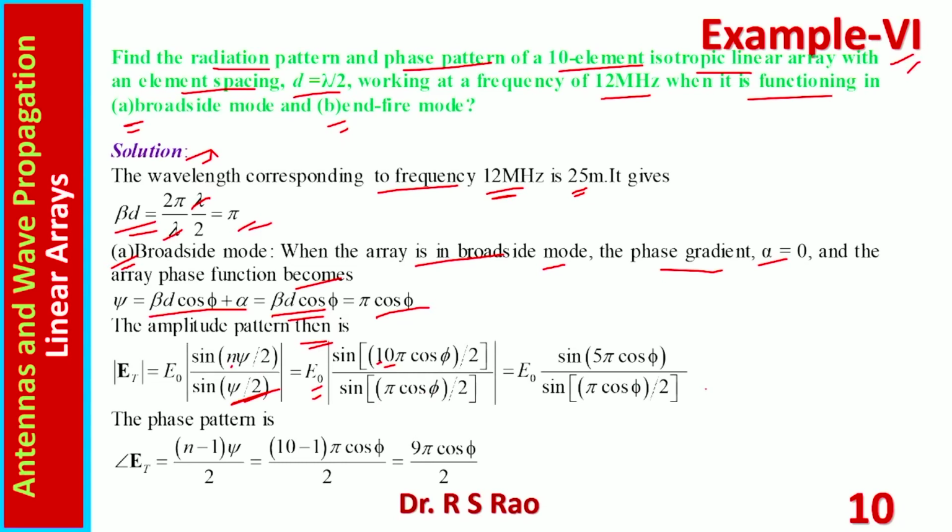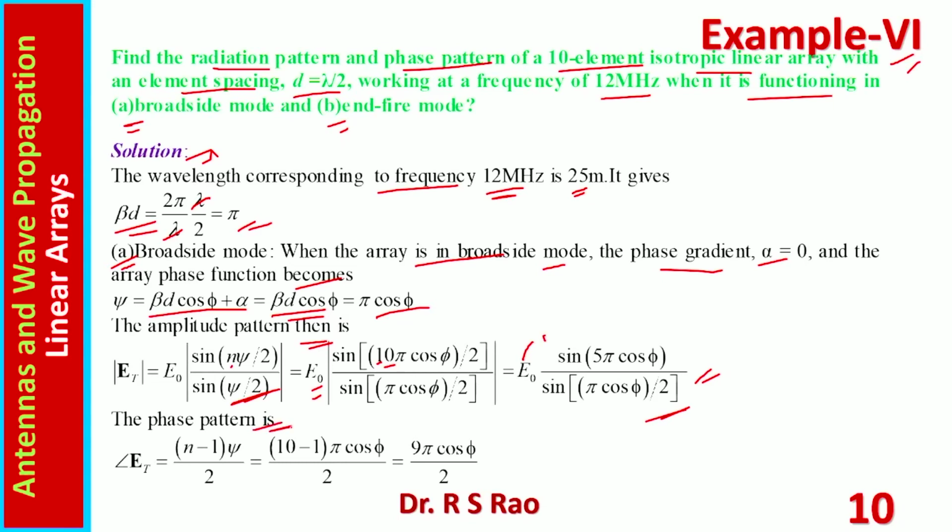So a little bit of simplification gives mod E_t equal to E naught sin 5 pi cos phi by sin pi cos phi by 2. E naught here is the unit pattern as the array is made with isotropic elements. E naught becomes a constant. When normalized, it becomes 1.